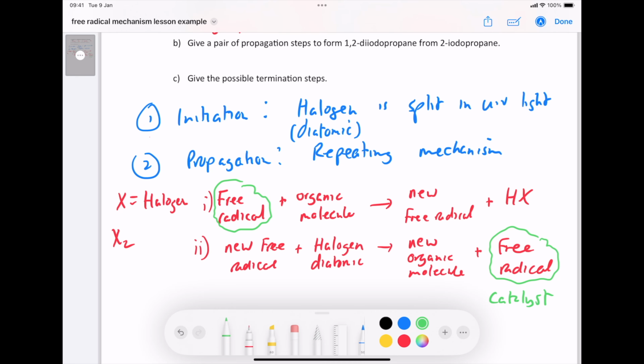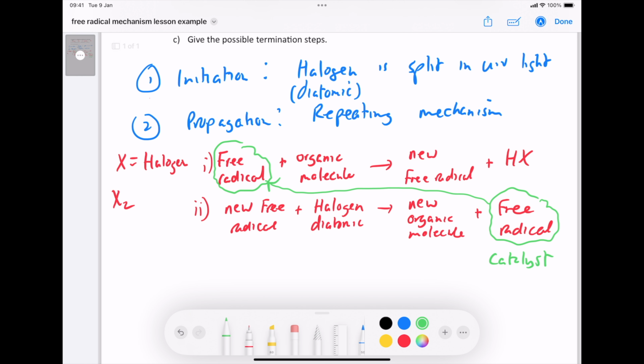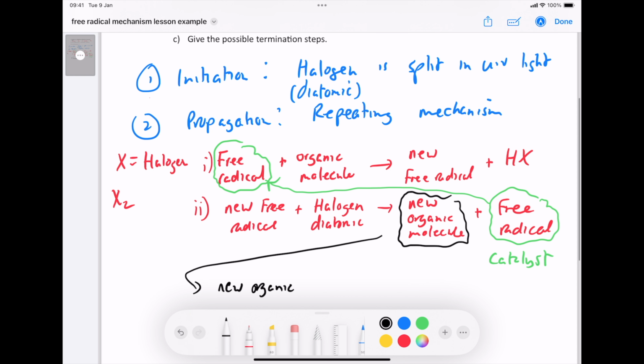You can see that it's regenerated, and that can go back to the start and cause the split of the same organic molecule. Or in addition, this new organic molecule that I've outlined in black becomes the starting point now. Then it reacts with the original halogen free radical, because it's just been remade. And guess what? It goes again.